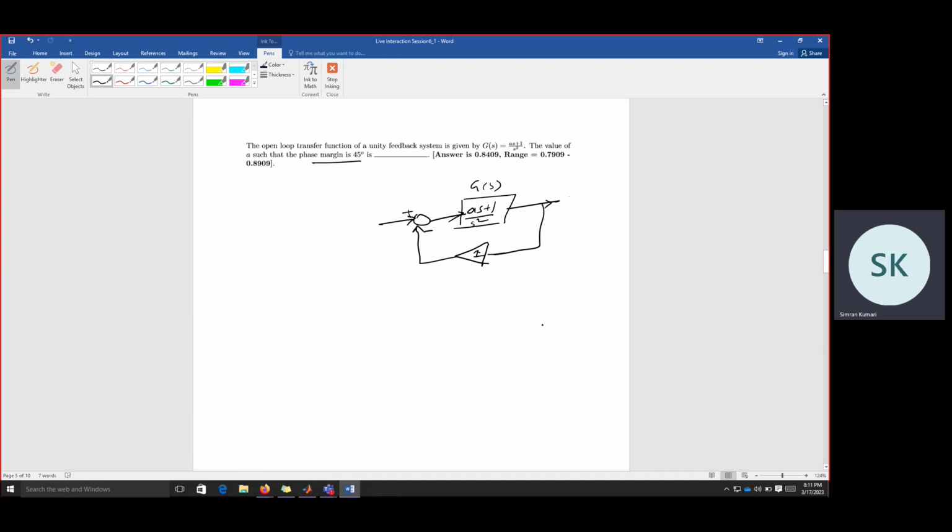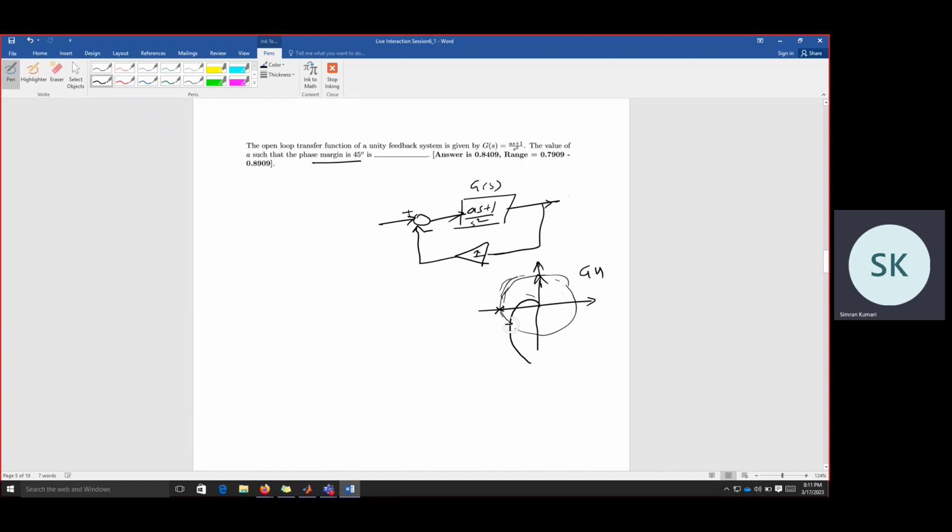We have gone through this idea of phase margin. Suppose there is a system and this is the GH plane. We have some Nyquist plot which is like this. This is the unit circle which is passing through -1 + j0 in the GH plane.